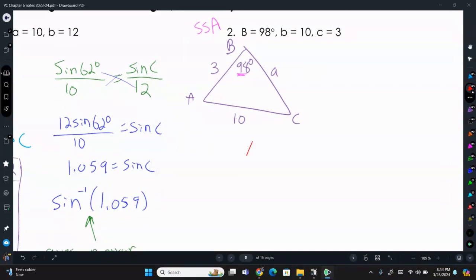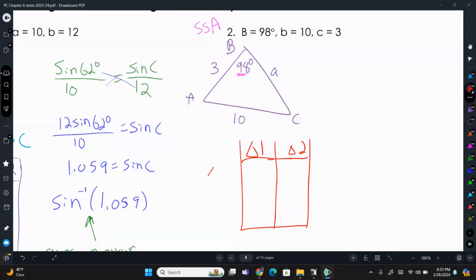So we have triangle 1 and triangle 2. In the future, though, you could just say that there's only one triangle, but I'm going to show you why that is the case.